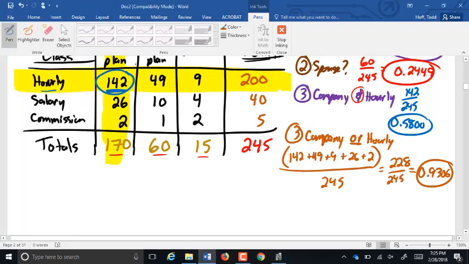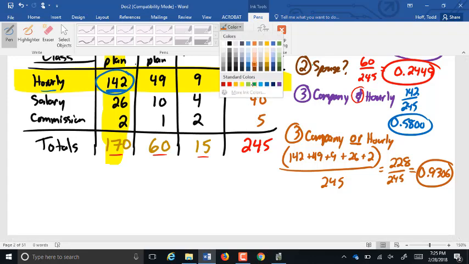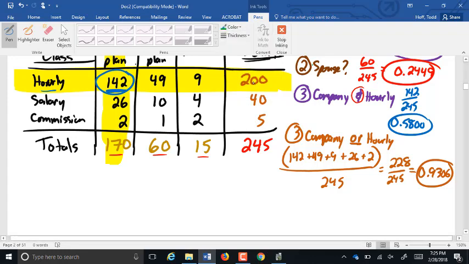Is there a shorter way we could have come up with that? Well, the answer, if I'm asking, there probably is. I look at the total for hourly, that is 200, right? I look at the total for company plan, that's 170. Now that would add up to 370, that's way more than the 228. Why is that more than the 228? Yeah, the 142 is counted twice.